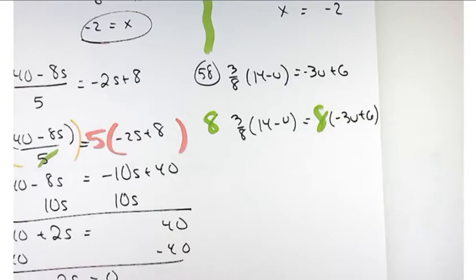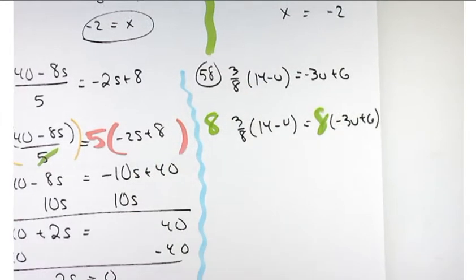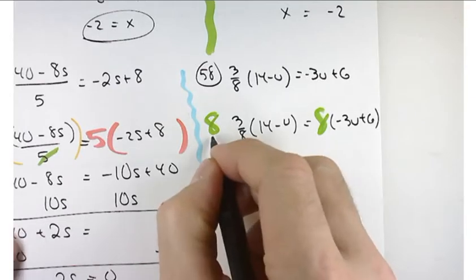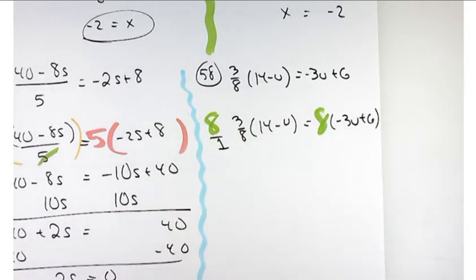Now on the left-hand side, when I multiply by 8, is it helpful to write it as 8 over 1? Yes. Why am I multiplying by 8? Yeah, so you can get rid of the fractions, right?